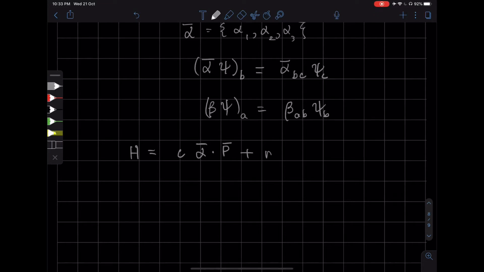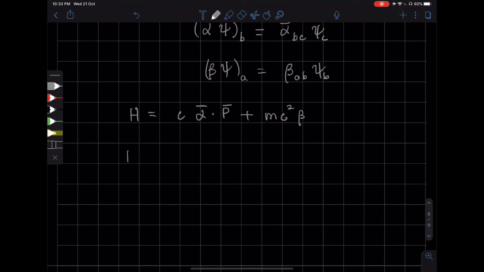Now, if I square the Dirac Hamiltonian, like in the Klein-Gordon case, what do I get? I get c squared, and then I get alpha i alpha j, where alpha i is contracted with p i and alpha j with p j. So these are two factors of momentum.